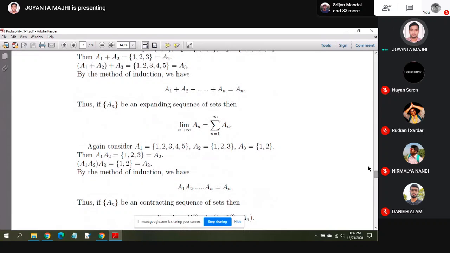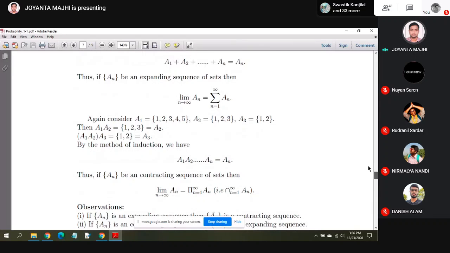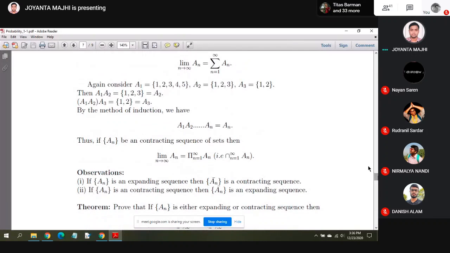On the other hand, if we consider An as a contracting sequence, then A1 intersection A2 intersection ... intersection An is equal to An. That is, An is the smaller set. Therefore, for a contracting sequence An, the limit as n tends to infinity of An is equal to the intersection A1 intersection A2 intersection ... intersection An, which is equal to An.